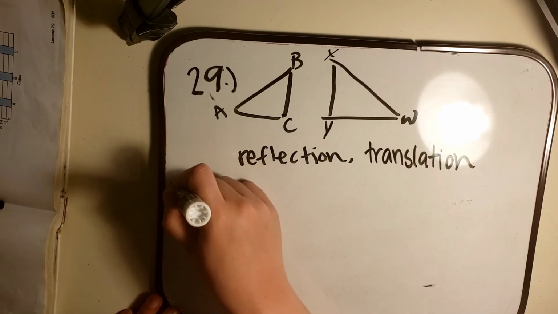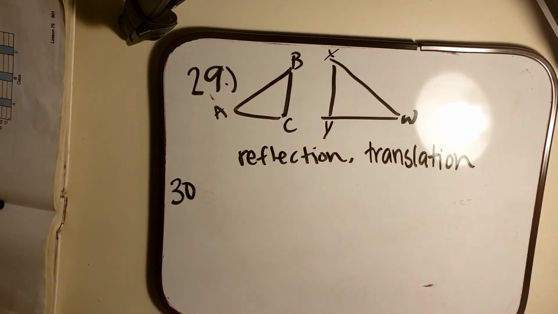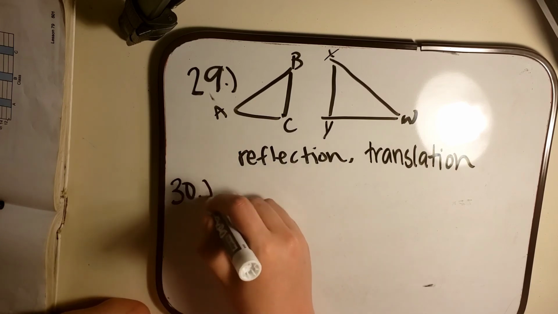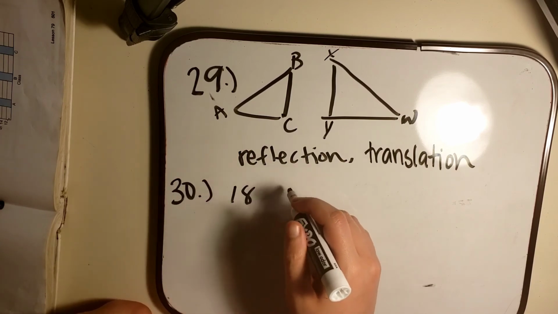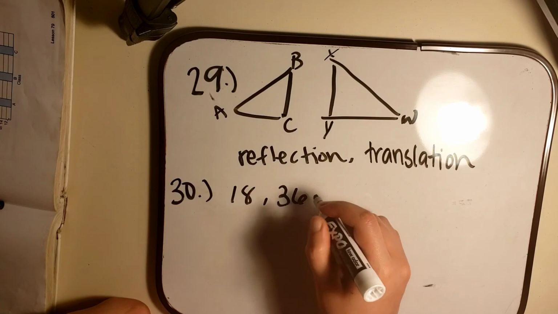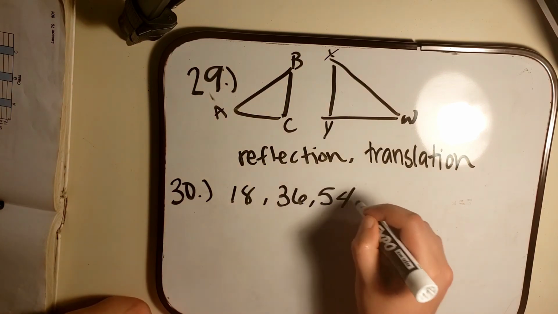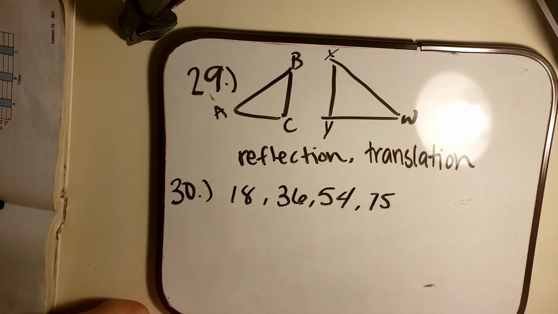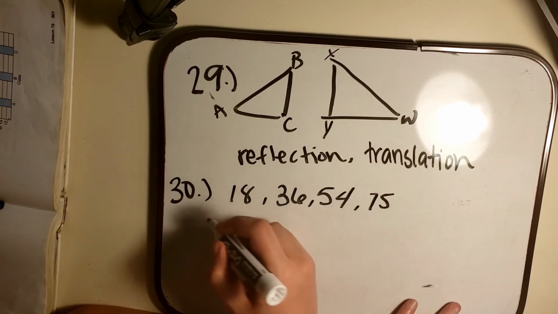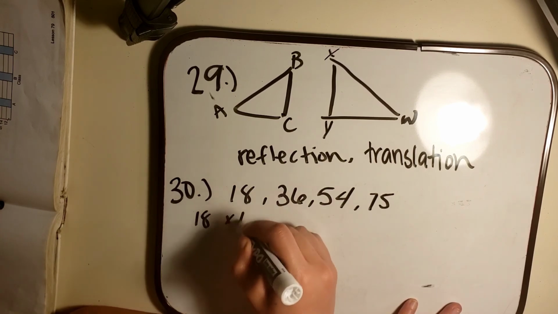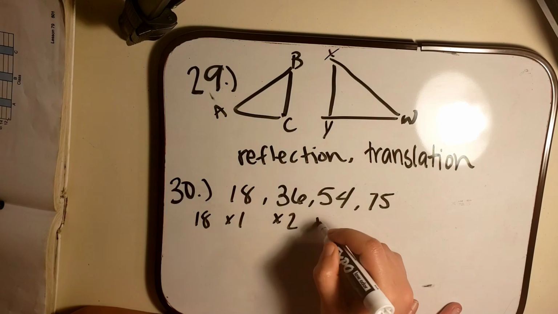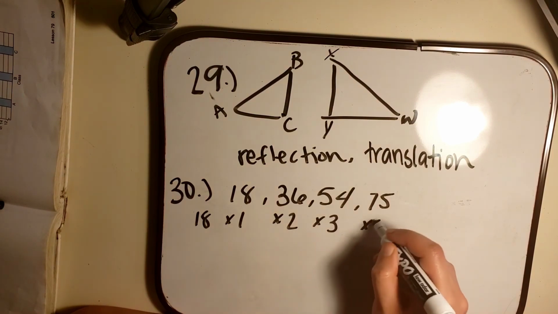Last one is number 30, which says the first 4 multiples of 18 are 18, 36, 54, and 72. So these are the first 4. So this means 18 times 1, times 2, times 3, times 4.